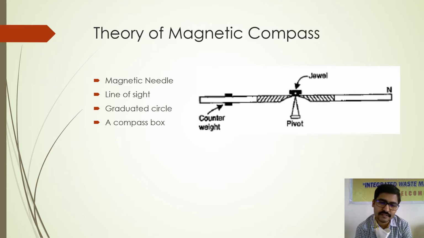In such cases, the magnetic needle may bend downward slightly in some direction. So to have a balanced magnetic needle, a small weight is attached at one end of the magnetic needle, so that the magnetic needle becomes perfectly horizontal.